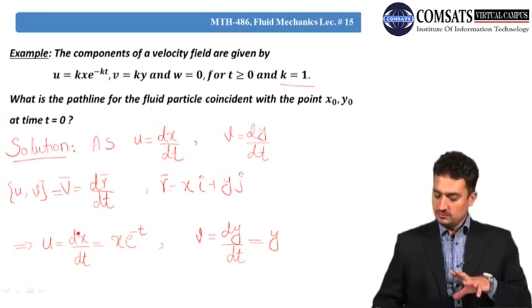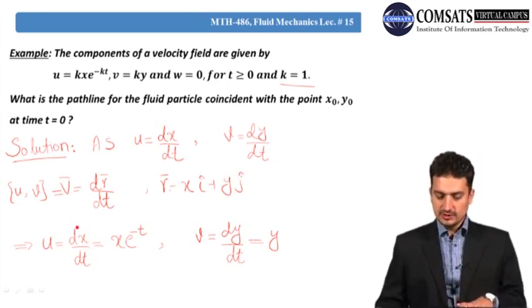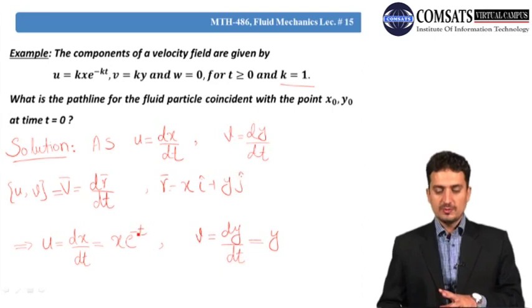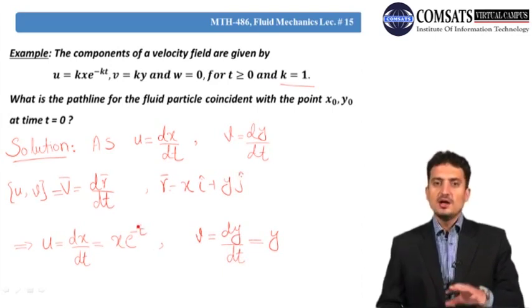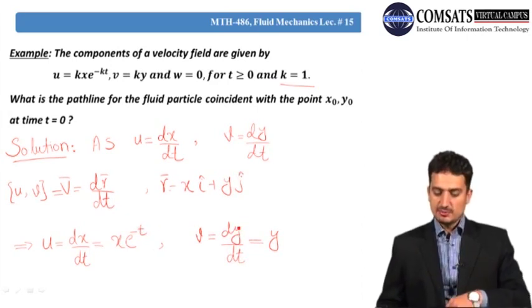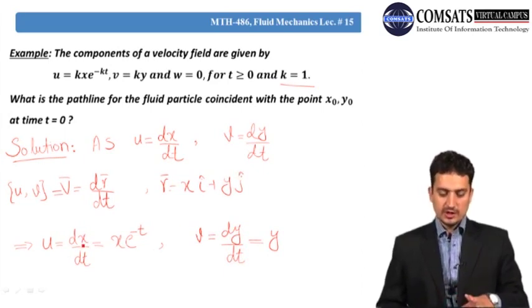Now see, this is a first order differential equation, dx by dt is equal to x e to the power minus t, and a separable equation. You can separate and integrate it, and obtain the solution in the form of x and t. Similarly, this is a separable equation. You can divide both sides by y and solve it explicitly for y in terms of t, and the same goes for x.